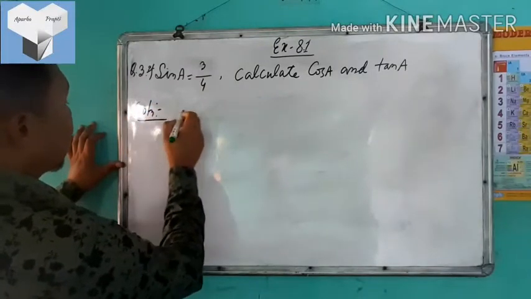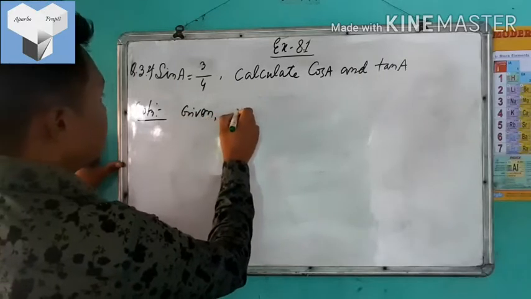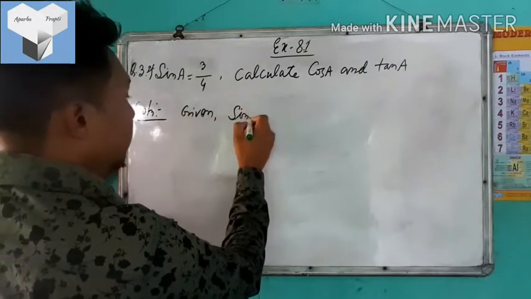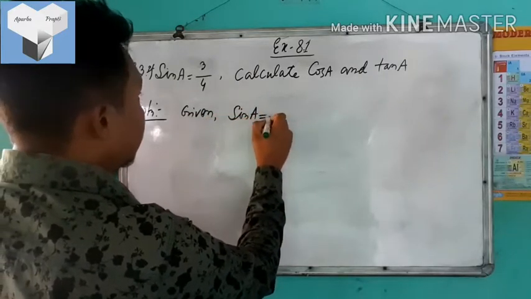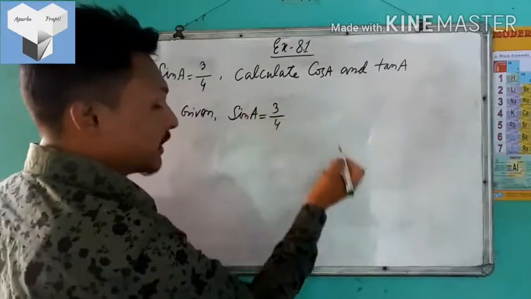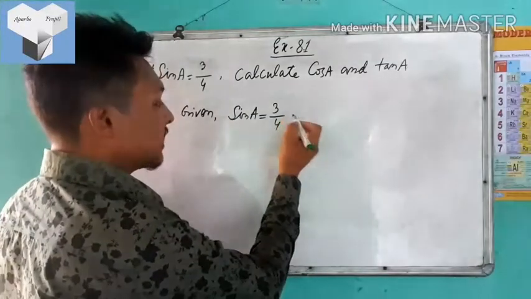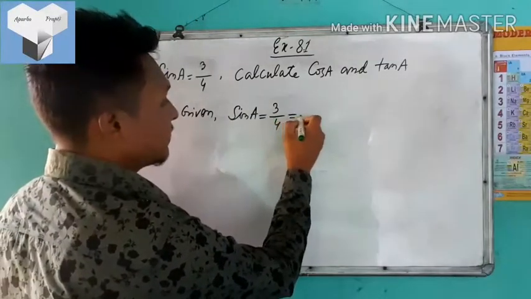In the solution, we will write given: the sine ratio of angle A is 3 by 4. That means we know that sine of any angle theta is P by H, isn't this?